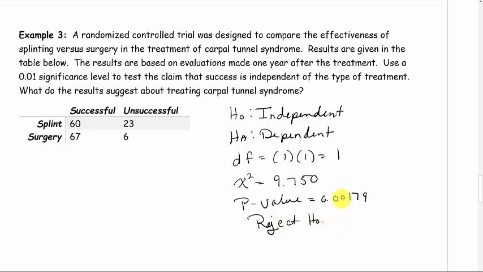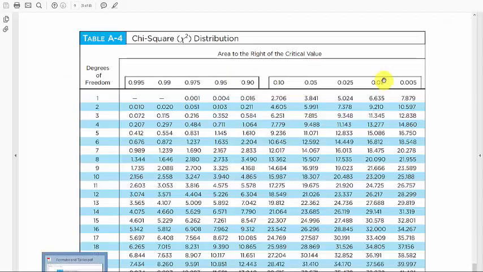If you're using your table, then the critical value that you will get, we have a 0.01 significance level with 1 degree of freedom. So here is the column for 0.01. 1 degree of freedom gives us a critical value of 6.635.